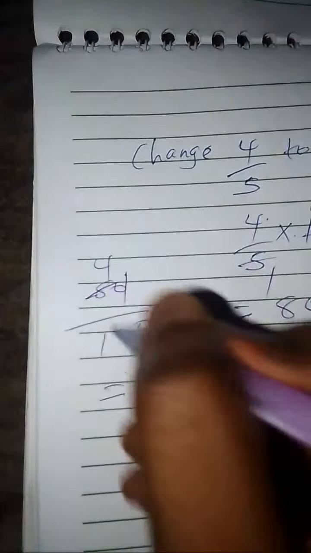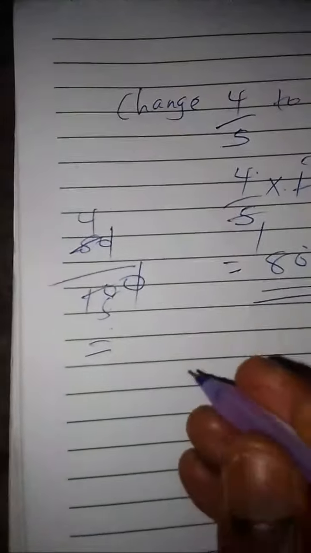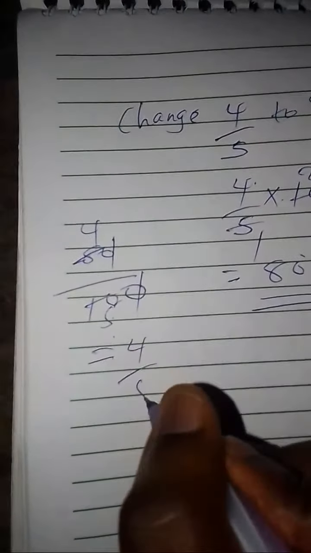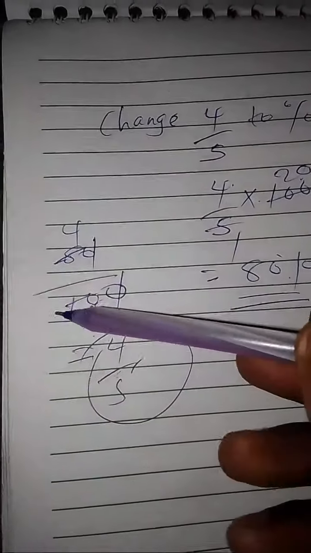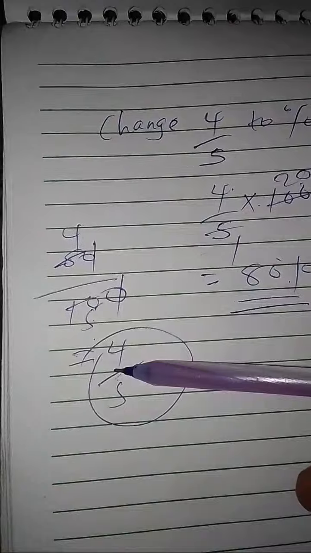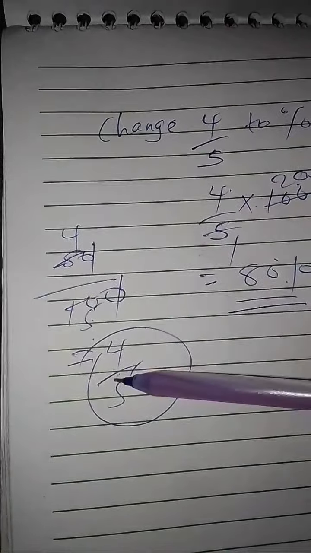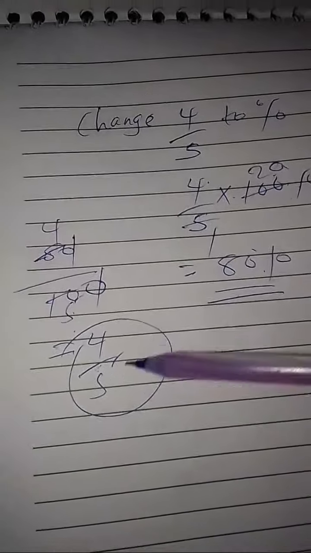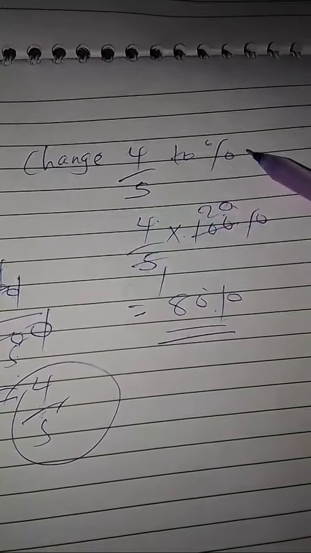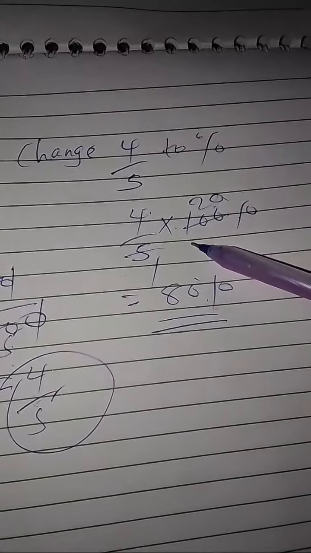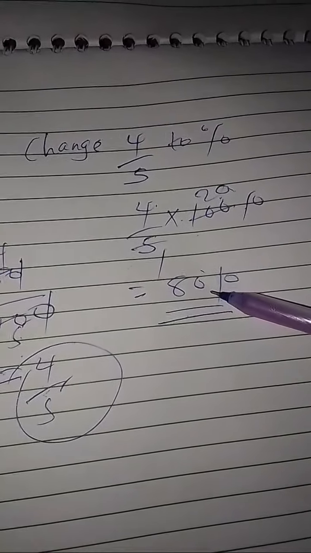So 2 there, 4, 2 there, 5. So the correct answer is now 4 over 5. So that is how we change percentage into a fraction. So we've converted 4 over 5 to a percentage, and now we've picked that it is 80%.